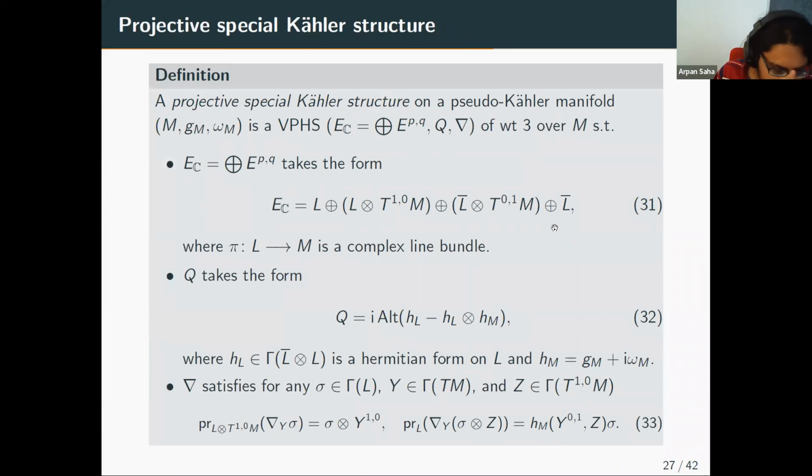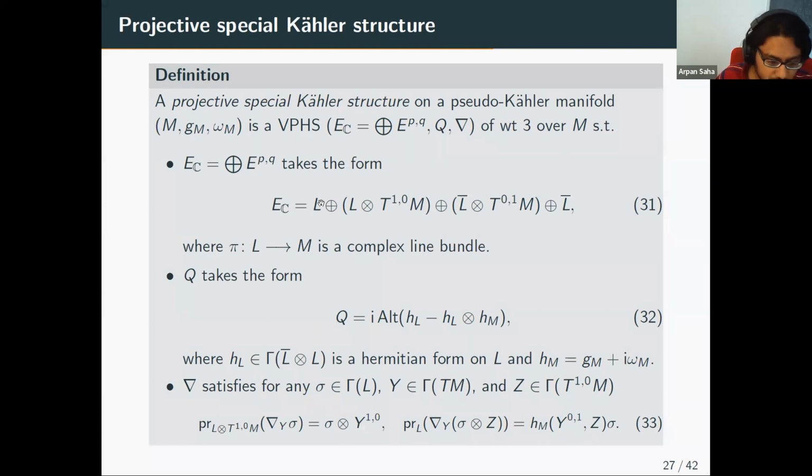I'll just directly define what the PSK structure is so that you have some idea about what I'm going to talk about. Okay, so a projective special Kähler structure on a pseudo-Kähler manifold involves a certain real vector bundle E over it.